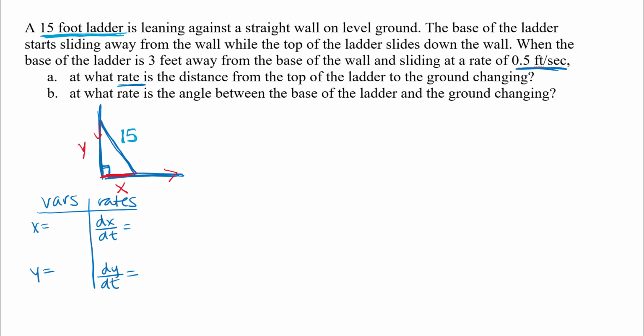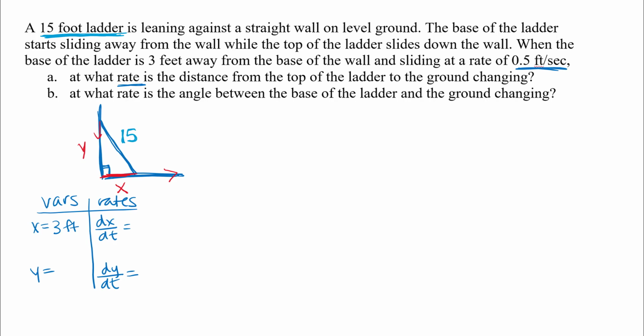Okay, so when I read the problem and fill in that information, the base is sliding away, the top is sliding down. When the base is 3 feet away, so that's my X, from the base of the wall and sliding at a rate of 0.5 feet per second. So I want to think a little bit about whether this rate of change would be positive or negative.